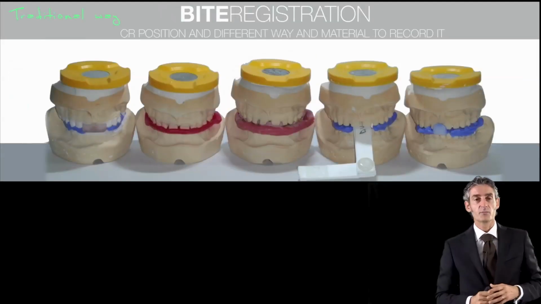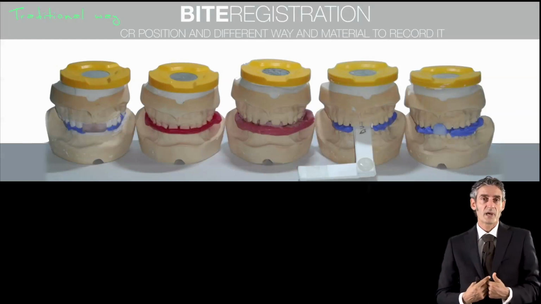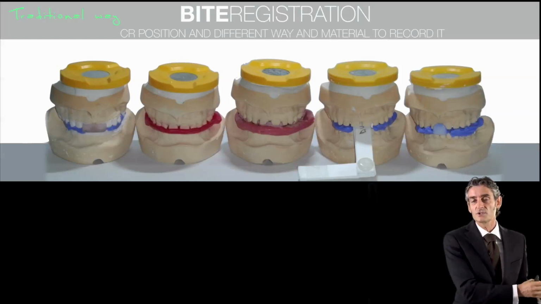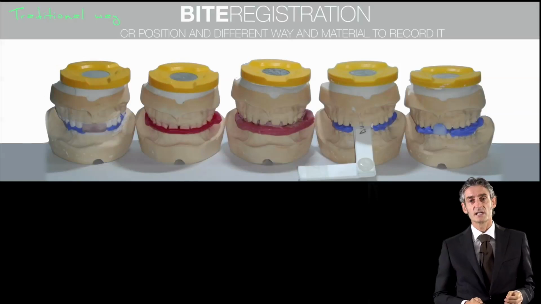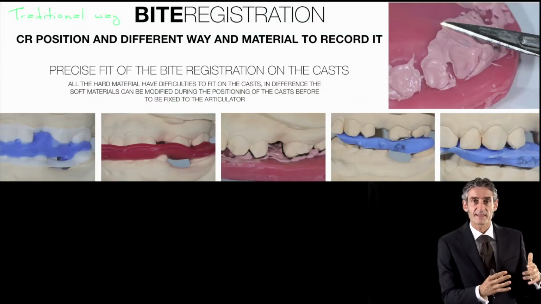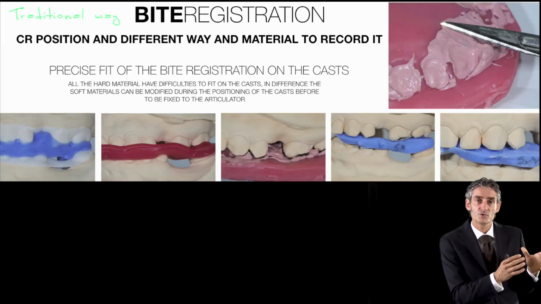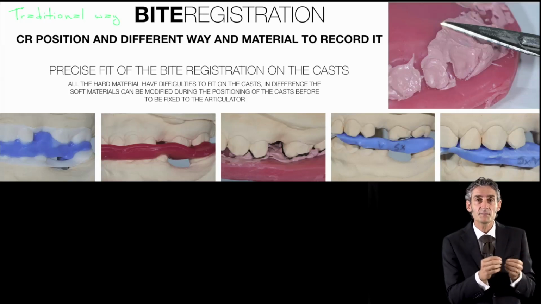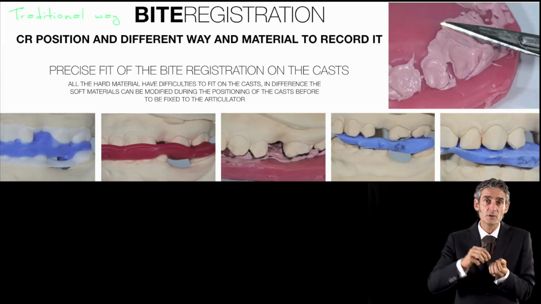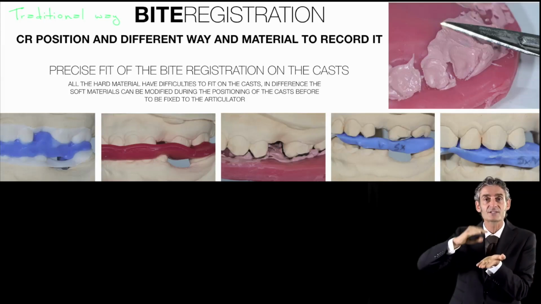After the impression, the second step several times is the bite registration. There are so many ways to take the bite registration in the traditional path. But for sure, as soon as we try to understand if the traditional path is the reference point, we understand that, for example, if you use hard material, several times the technician has some trouble seeing the cast perfectly on the bite registration.